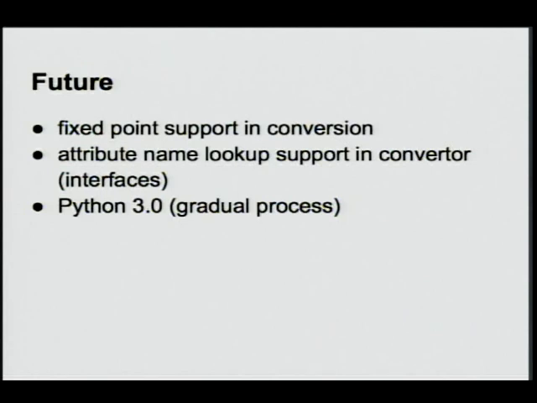And of course, Python 3.0. But as I told you, that will be a very gradual process because especially the converter part of MyHDL uses the AST, which is, of course, again subtly different. So that will not be straightforward.